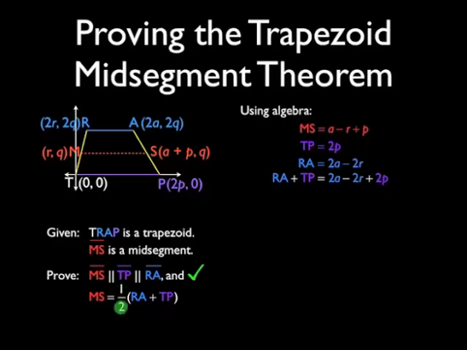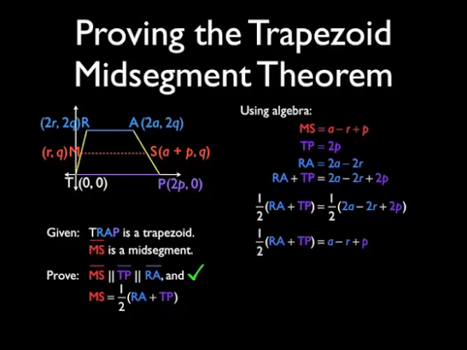So I'm going to introduce 1/2 to this equation by simply multiplying both sides by 1/2. Remember, you can do the same thing to both sides of the equation, and it's perfectly legal. So now on the right-hand side of the equation, I'm going to distribute that 1/2. And of course, 1/2 times 2a is a, 1/2 times 2r is r, and 1/2 times 2p is p.